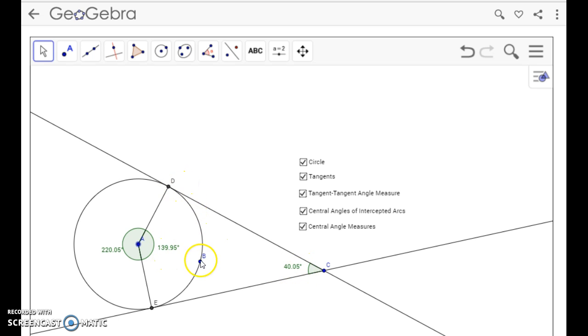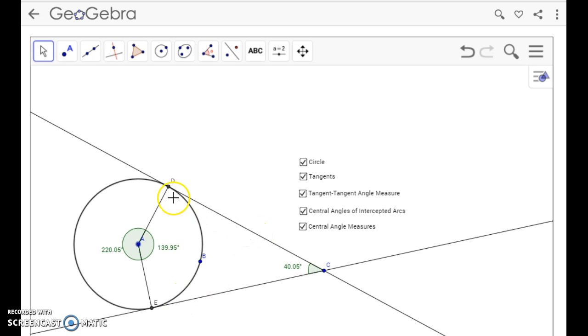And again, this minor arc has the same measure as the central angle. So what I'm trying to do is figure out the relationship here. And it looks to be that if I take this central angle, same as the minor arc, and add in the tangent-tangent angle, I'm going to get 180 degrees. And so that's a relationship between the tangent-tangent angle and the minor arc.